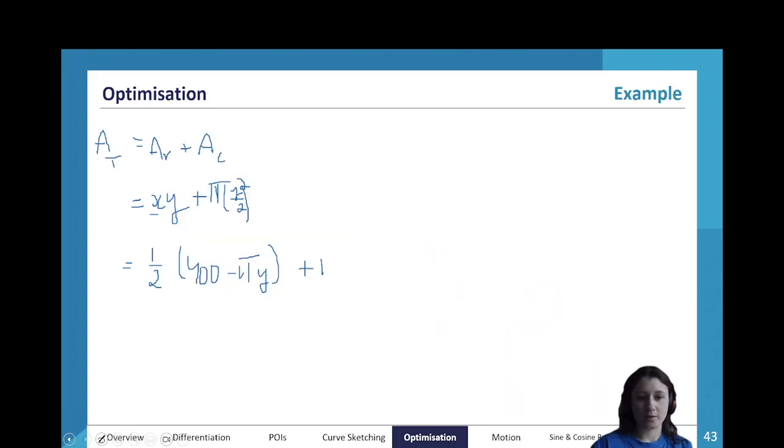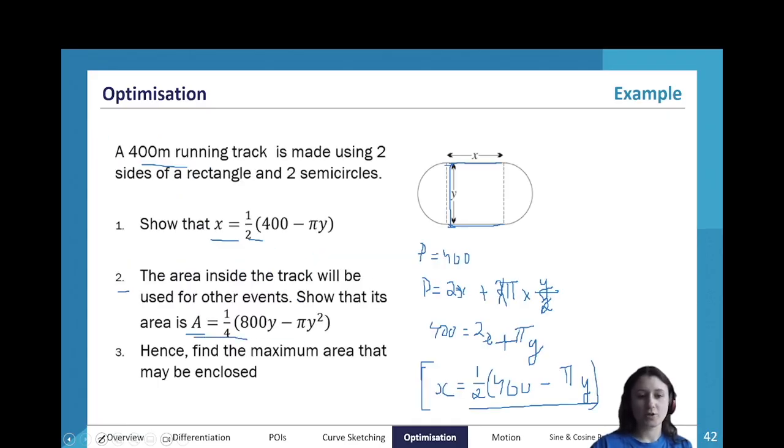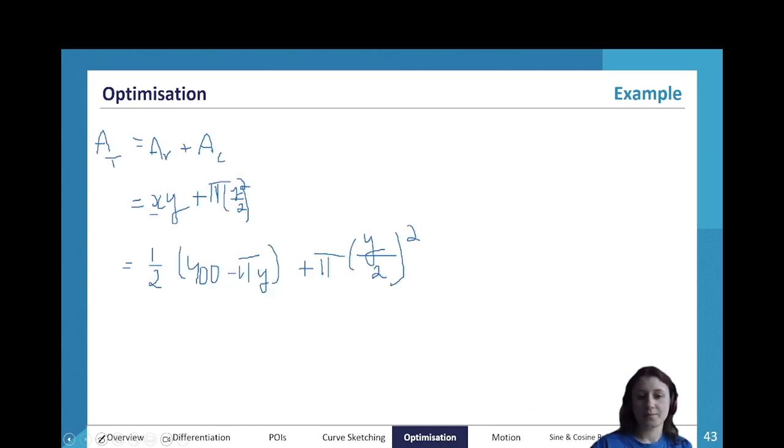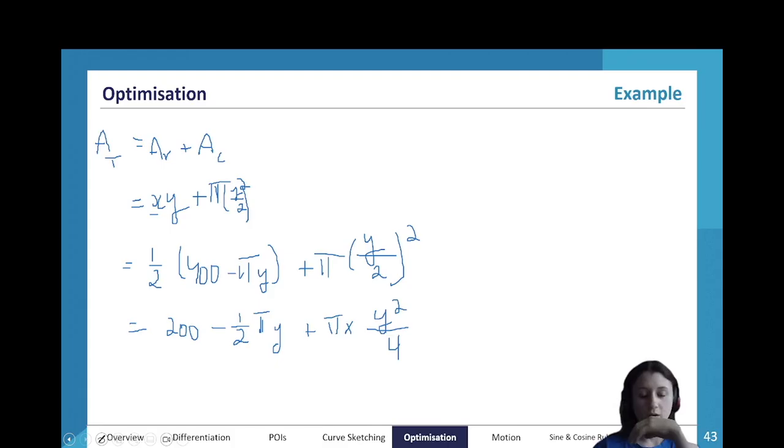Now we're going to pop in what we had before again. So now what we need to do is just simplify, because in the question it was given to us in pretty simplified form, right? So let's try to simplify. Half of 400 is going to be 200. Take half pi y plus pi times y squared over 4.